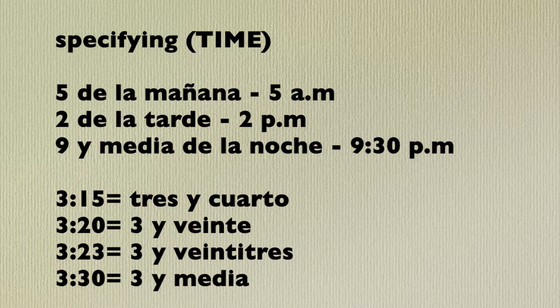It's 3:20. 3:23. So do you all see this pattern? It's like you're just saying 3:20, 3:23, 3.5, which is 3:30. Okay, and don't forget, when you want to specify the time in the afternoon and at night, you want to put de la noche, de la tarde, de la mañana.